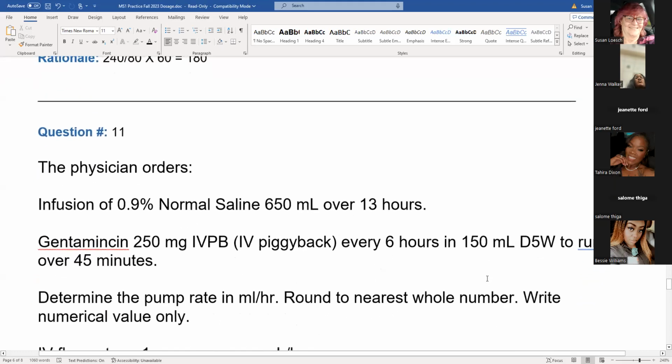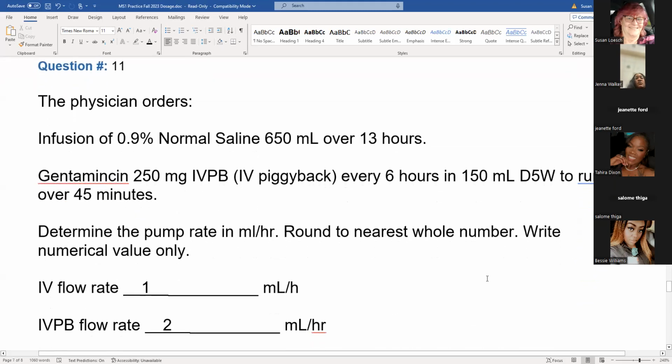All right, here's another one. On this one, you have to calculate the IV flow rate and the IV piggyback rate.